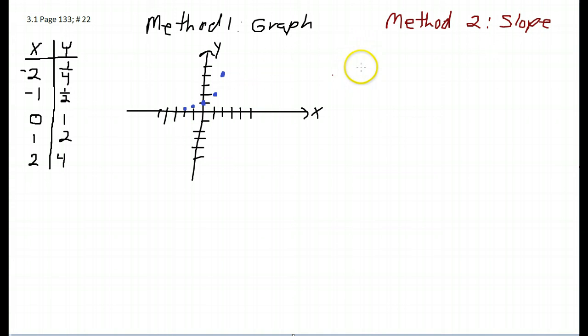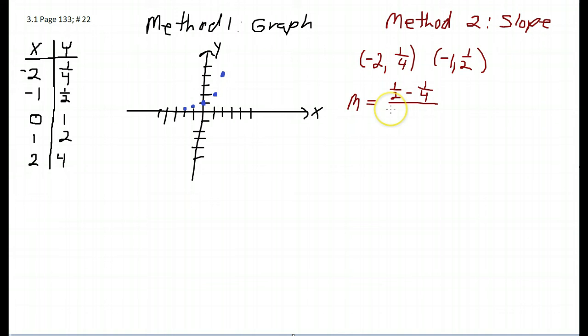Well, if I look at the first 2 points, we have -2, 1/4, and we have -1, 1/2. Our slope is the y-coordinate of the second point, 1/2, minus the y-coordinate of the first point, 1/4, over the x-coordinate of the second point, -1, minus the x-coordinate of the first point, -2.